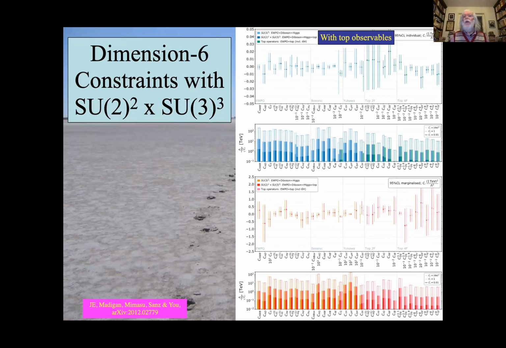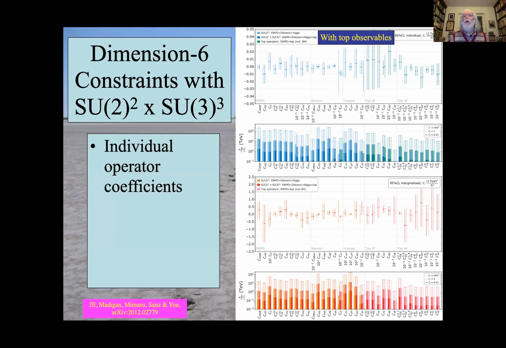So that previous fit was not treating the top couplings any differently from the couplings of the lighter quarks. But maybe they're different. After all, the top quark is much heavier than the other matter fermions. So here again is a similar set of plots. The top half is individual operator coefficients.